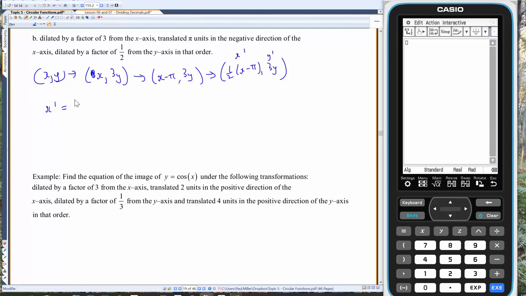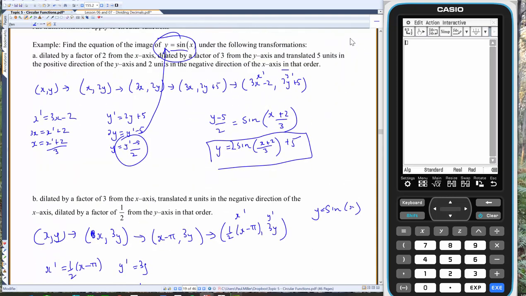So x dash equals half x take pi and y dash equals 3y. Y equals y dash over 3 and x equals 2x dash plus pi. All right, ready to make those substitutions, remembering that we were subbing in for y equals sine x. Just double check that. Yep.